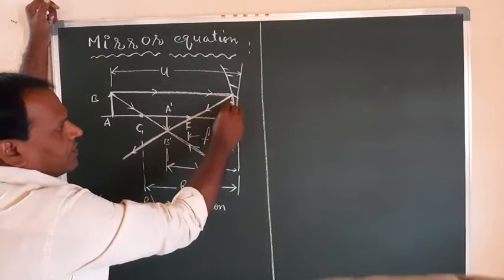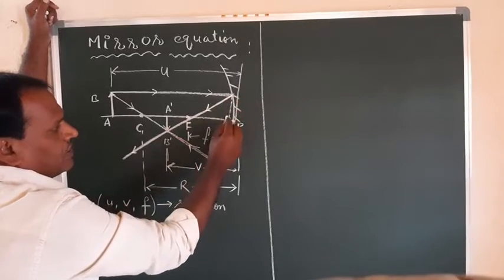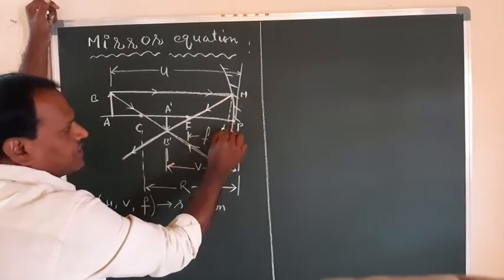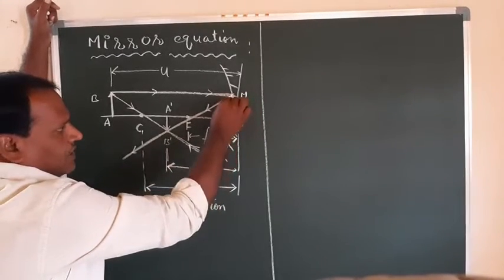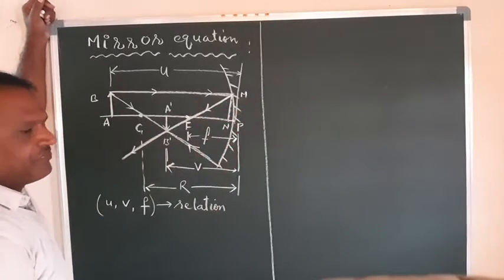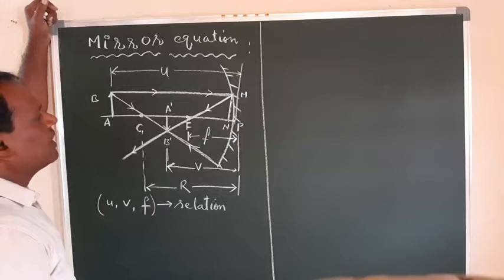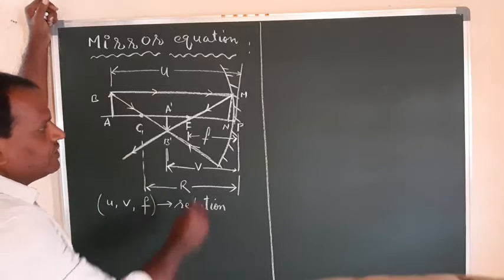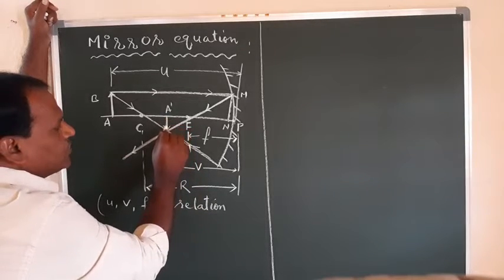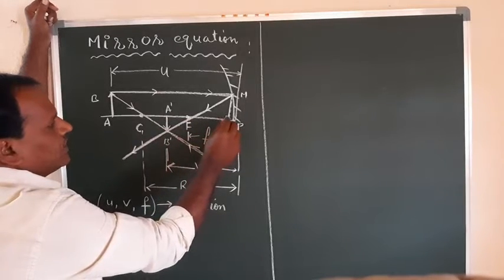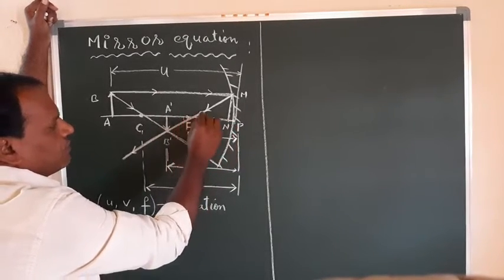I can draw from here to here a perpendicular. So that perpendicular, this point is M, this point is N. MN is a perpendicular I drew. Now I can write these two triangles, A dash B dash F and this one: this angle is equal to this angle.